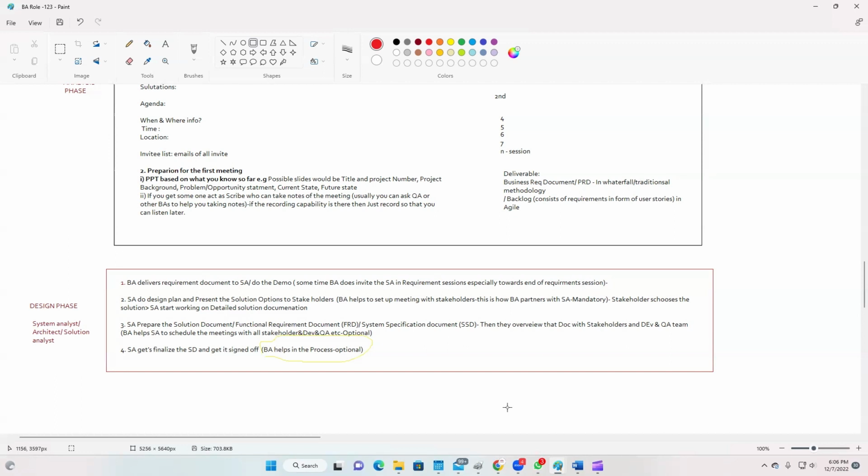Then in the second part, the BA helps to set up meetings with stakeholders, and the BA can also partner with the SA. That could be mandatory. And then the stakeholders choose the solution, and then the third part, yeah, the third part I didn't understand it. BA helps the SA to schedule.